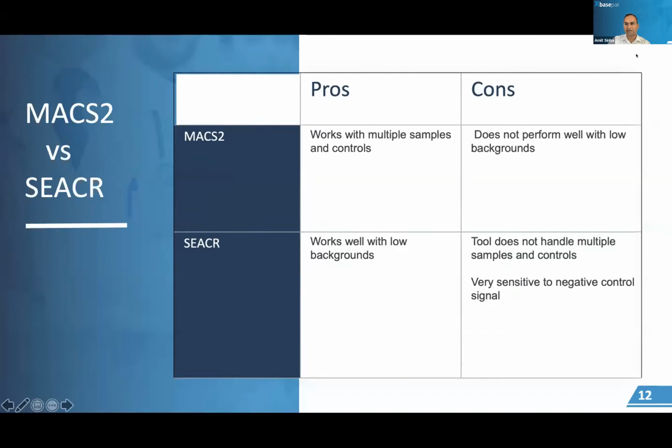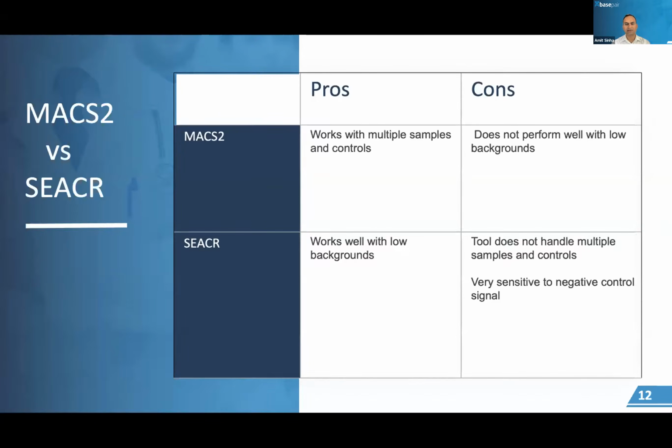So looking at the differences between these two tools, we don't want to start a flame war, but very briefly, MACS2 has much better support for multiple samples and controls. When you run MACS2, you can easily point to multiple treatment and multiple control samples, and MACS2 is able to do the normalization internally.